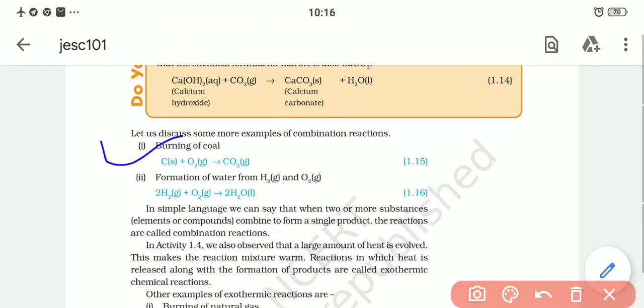Another example is the combination of hydrogen and oxygen gas. When hydrogen gas reacts with oxygen gas, it produces water. This is also a combination reaction. See here, an A plus B gives C type of reaction happens.